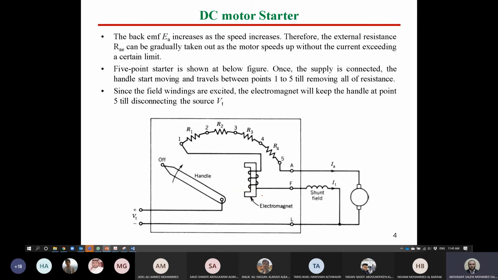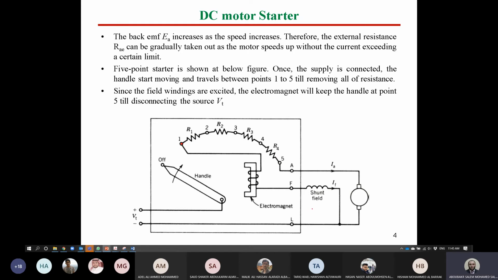This is the shape of the motor starter. We are not going to discuss it in detail, just a brief discussion, because this has become very old. This device is called the DC motor starter. Internally, it has many steps of resistance. In the beginning, the handle starts at point 1, which means all of the resistance is inserted in the circuit.